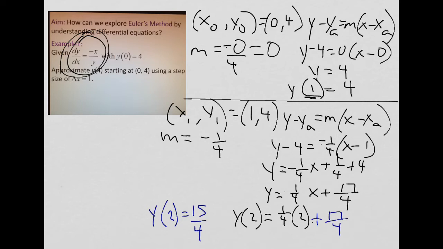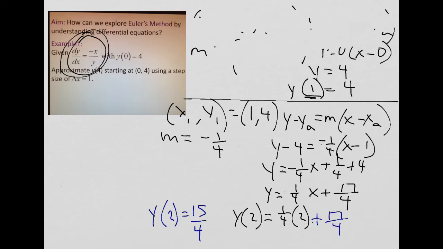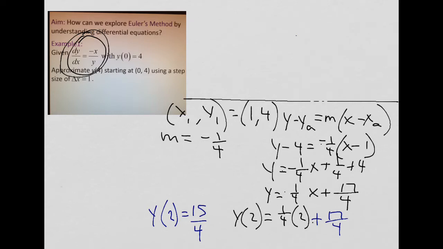So let's go. I'm going to erase this part up here and do this again. Okay, so our next value, our next point.